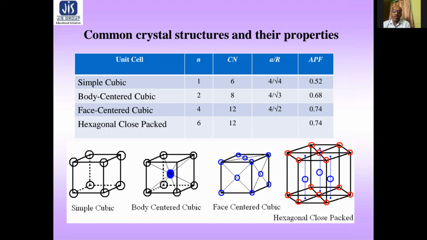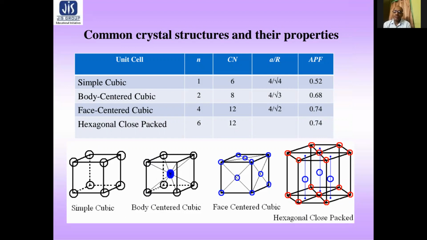In a unit cell of simple cubic, there are 8 corner atoms, and each atom is shared by 8 adjacent unit cells.